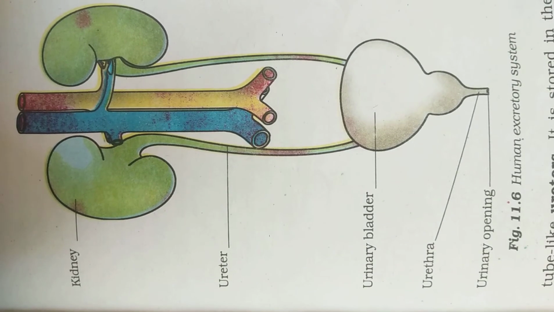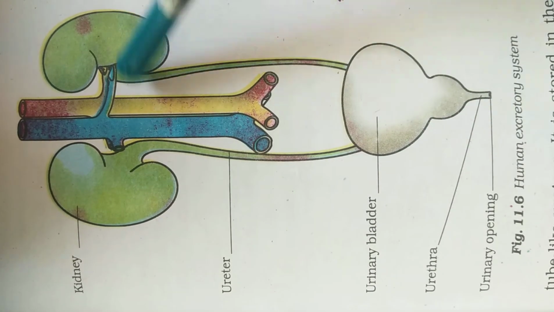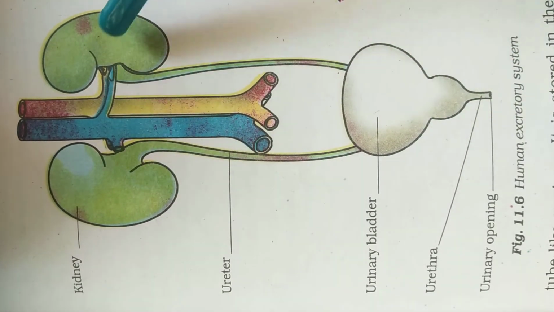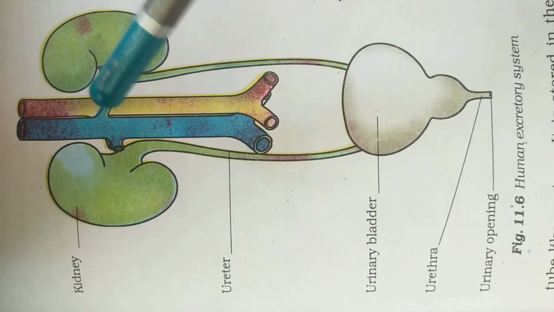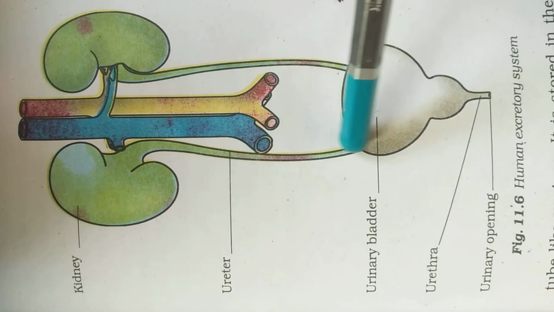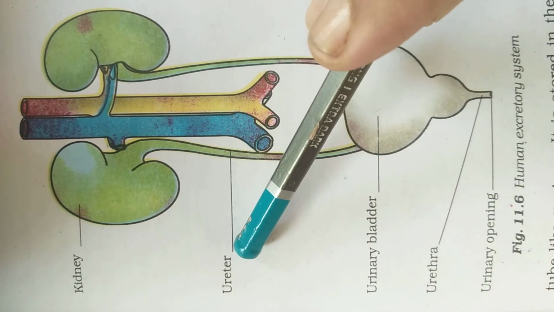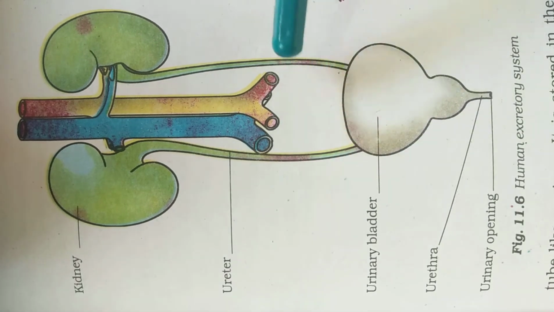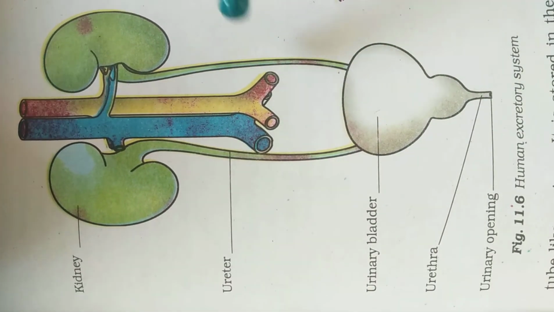First, the useful and harmful material is carried through the blood and comes to the kidney, and in the kidney the filtration of the blood occurs. The harmful material is collected in the bladder through the ureter, and the useful material goes back with the blood into the body.